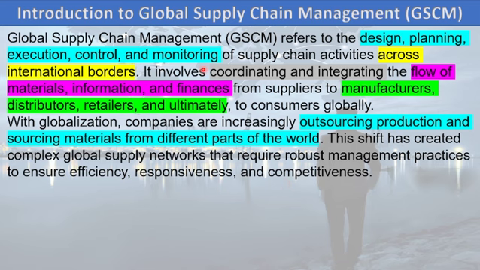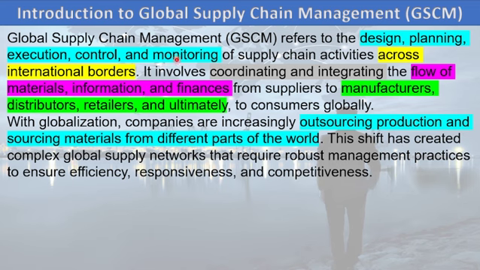So let's understand what global supply chain management is. I have highlighted a few points, as you can see over here, which mean the design. In global supply chain management, we are talking about the design, planning, execution, control, and monitoring.